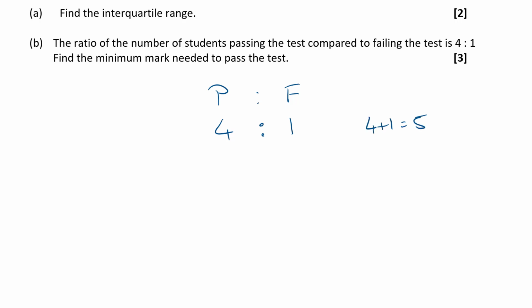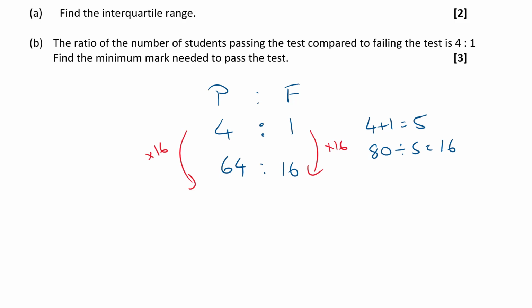So how much is each part worth? 80 divided by 5 then. 5s into 80 goes 16 times. That means I need to scale up my ratio by a factor of 16. So 1 times 16 is 16. 4 16s, double and double again, 16, 32, 64. So it's 64:16. So that means 64 students passed and 16 failed.